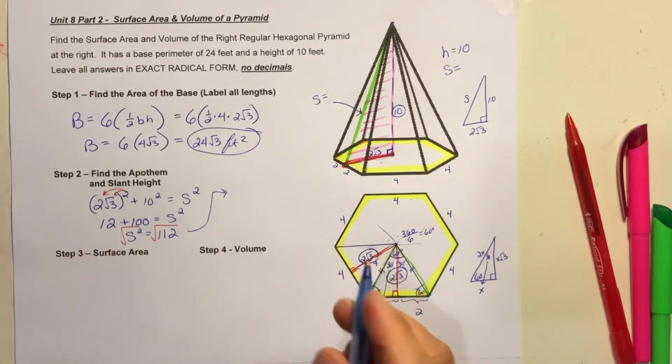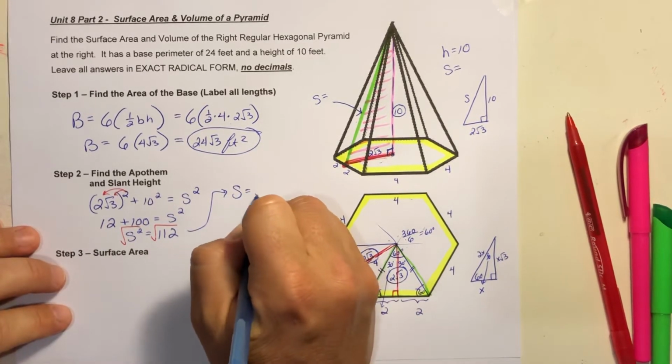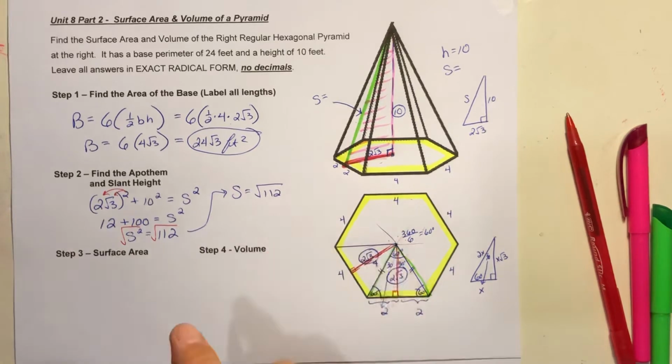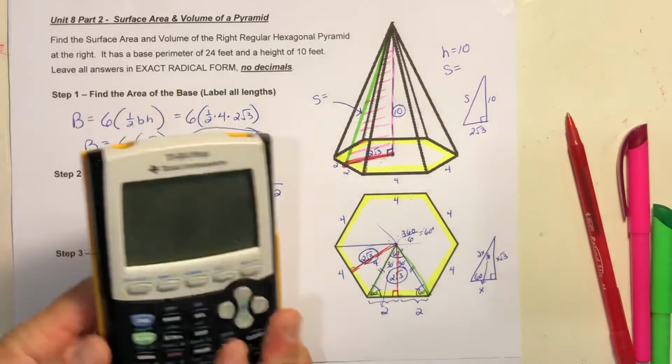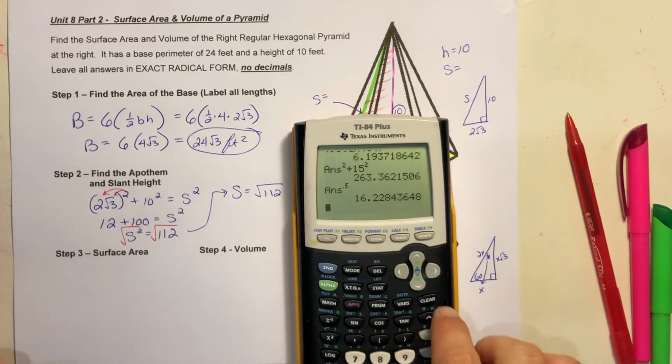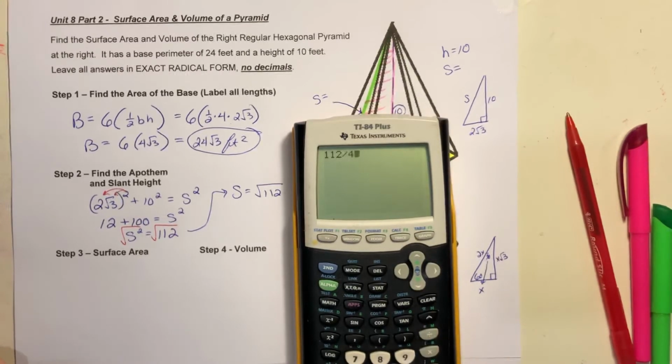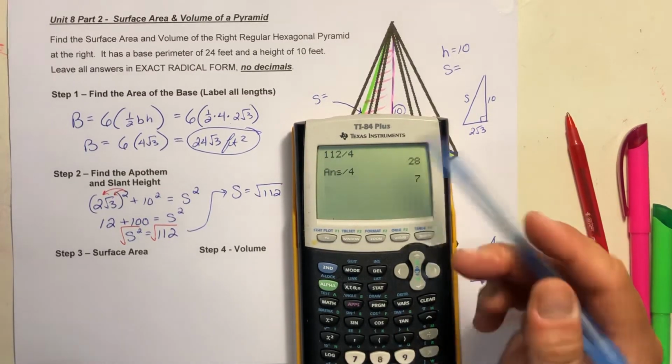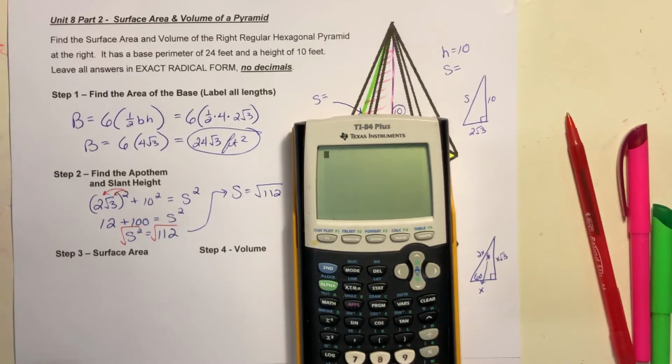Now they've said leave it exact, so we have to simplify this. 112 should be divisible by 4, so 112 divided by 4 gives me 28. I could divide that by 4 again, which gives me 7. So I divided by 4 twice. Let me see if 7 times 16, yeah, 7 times 16 is 112.